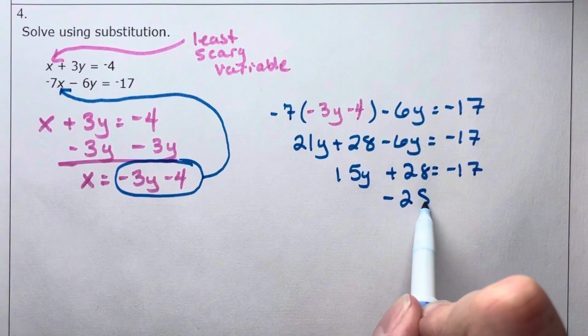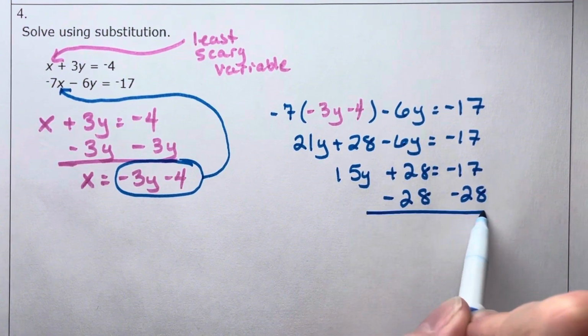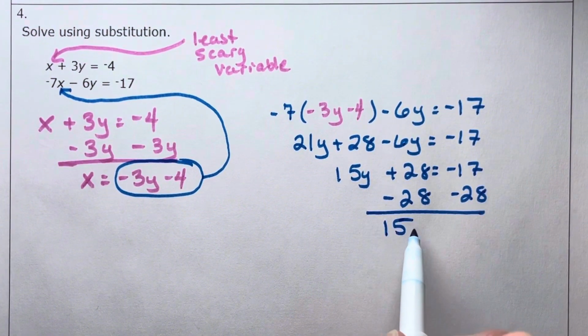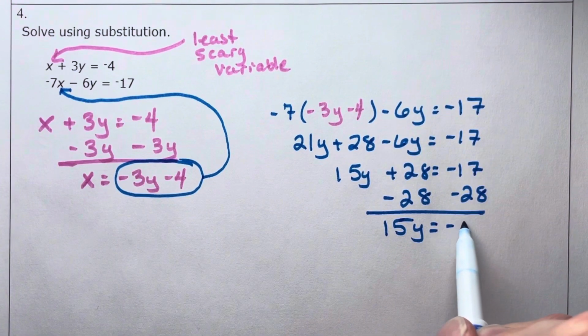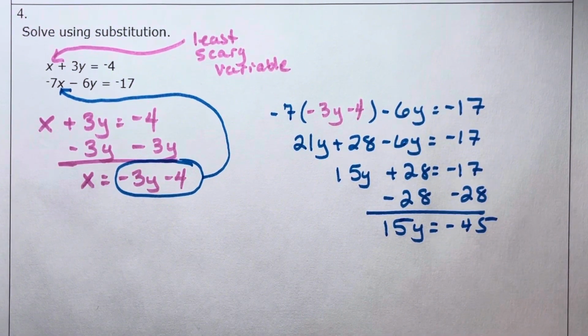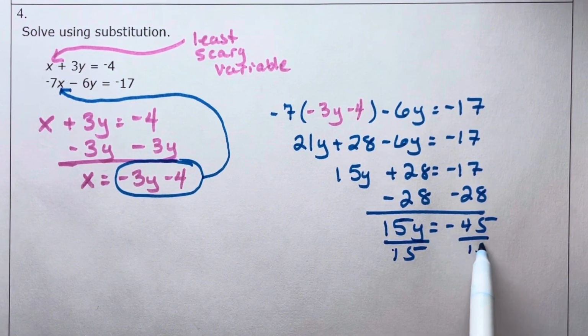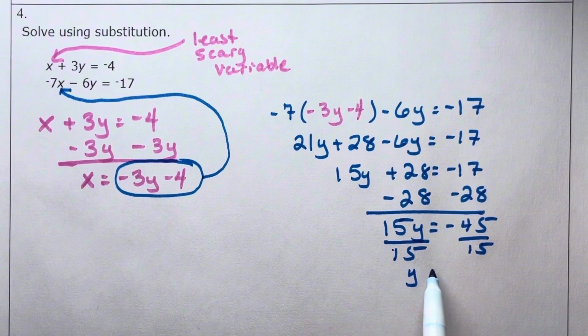After subtracting 28 on both sides, we find that 15y equals -45. And finally, by dividing by 15, we have an end result of y equaling -3.